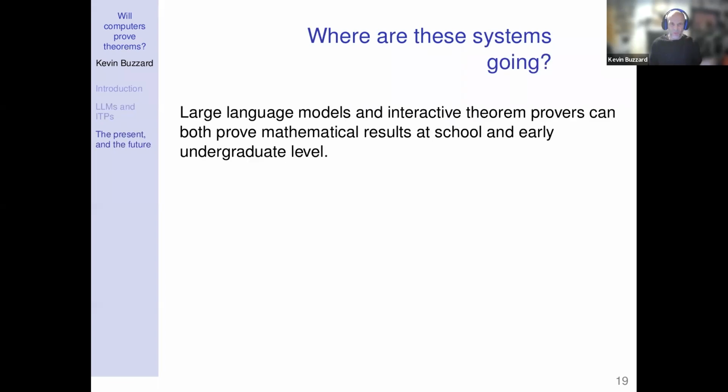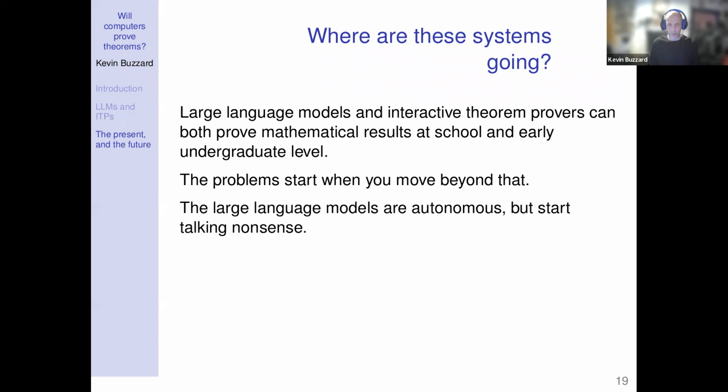So what have we seen so far? We've seen large language models and interactive theorem provers doing very well at mathematics, which is the kind of mathematics which 17-year-olds are doing. Sort of end of A-level school, early undergraduate, possibly 18-year-old mathematics level. And then beyond that, the problems start to arise.